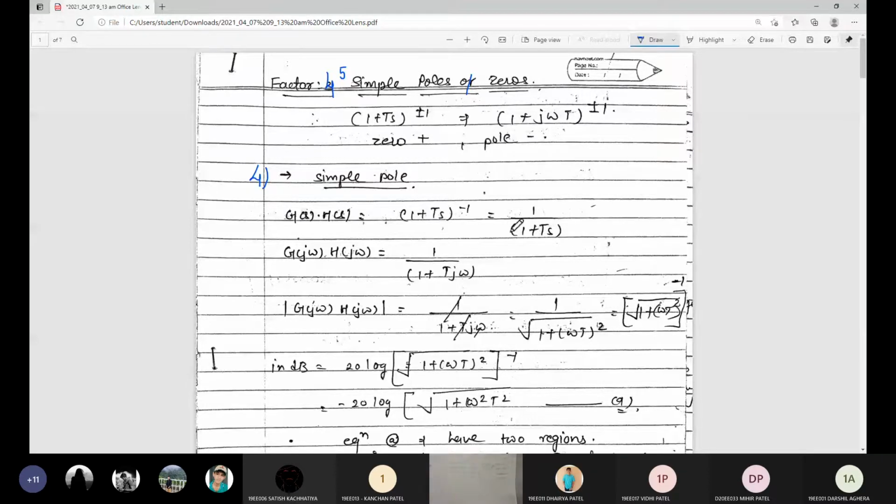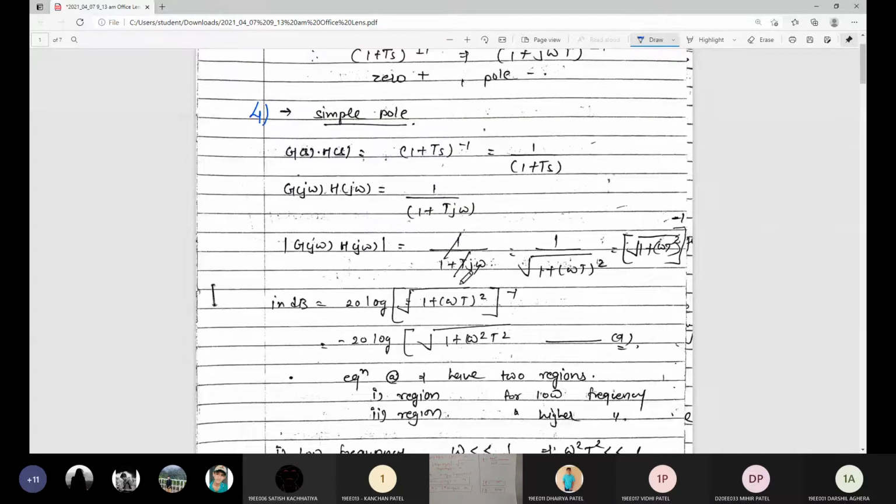In different books it is written differently. Here we have taken the pole as TA, so you can consider TA is equal to T. If I want to go to the numerator, it will be 1 plus TA raised to minus 1. Putting the value of G(j omega) H(j omega), it will be 1 plus T of j omega. Just replace s by j omega.